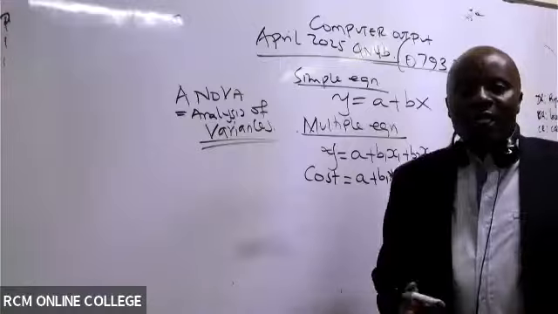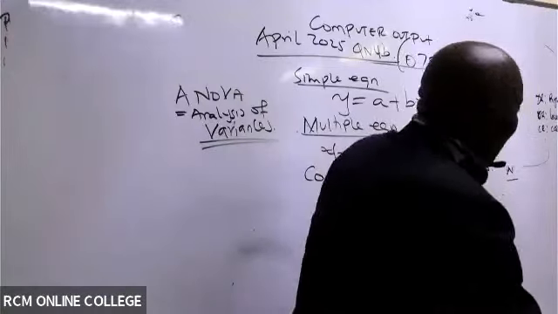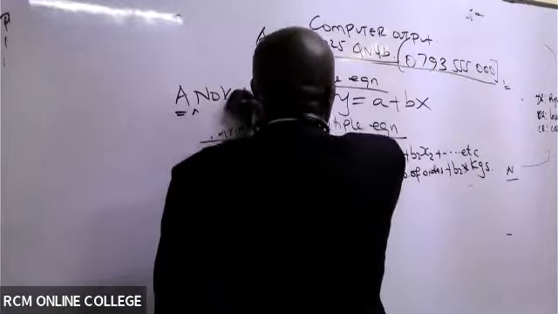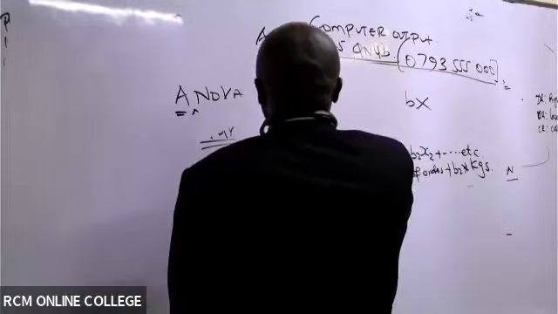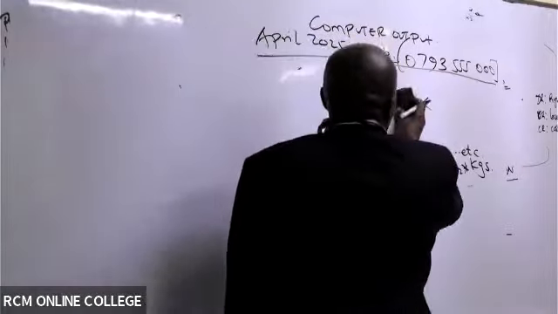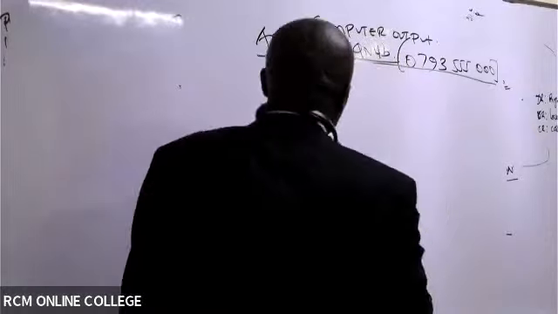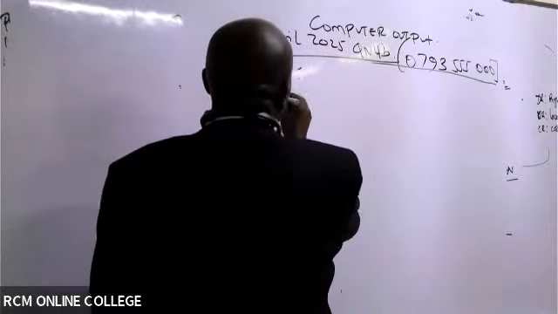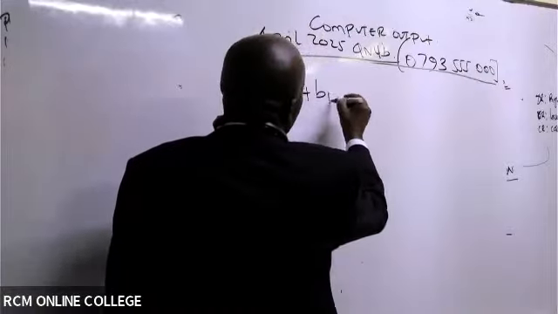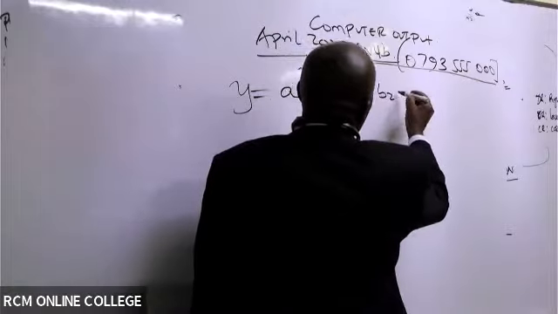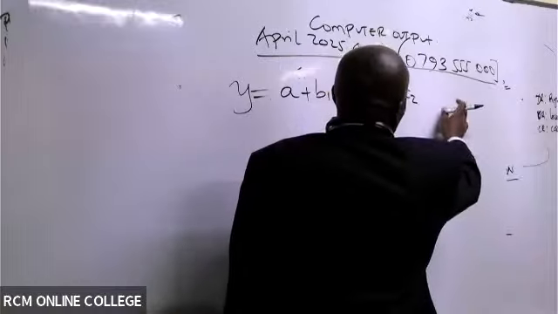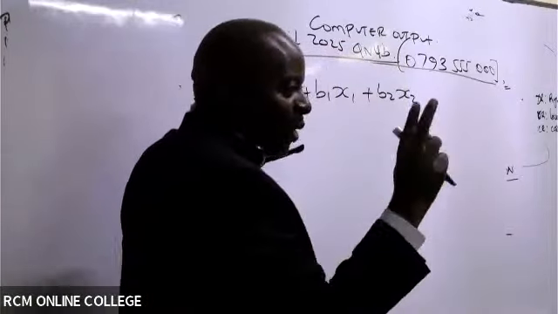So now that all of us have tried it, you have to allow Mwalimu to do it. They have told me to write for them a multiple regression equation. So we know if it's multiple, it is y equals a plus b1 x1 plus b2 x2. It shall not have the blah, blah, blah, because here we know we have two x's.